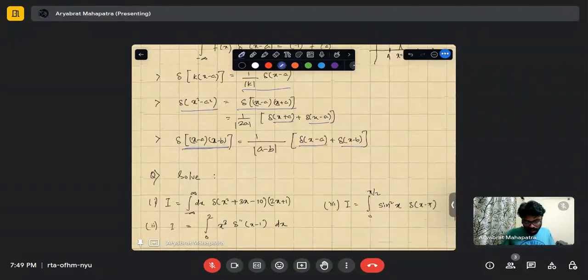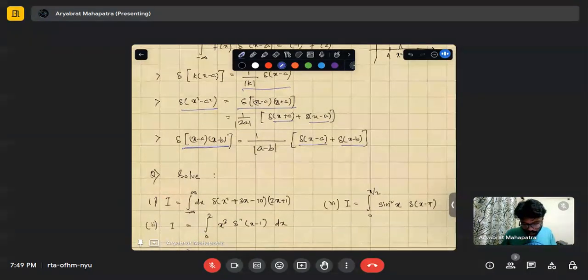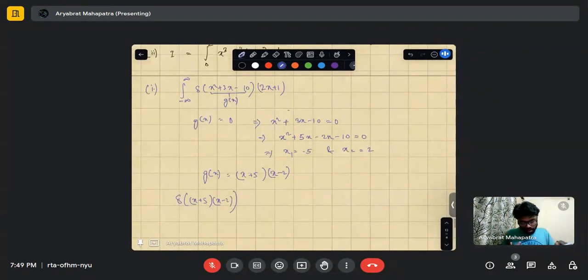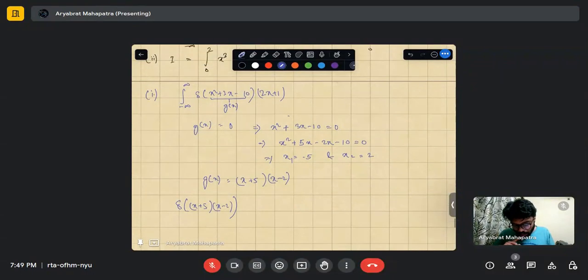So first you have to get this kind of form, using the roots, a factorized form, when the argument of the delta function is of this kind. So the first target is to get the factorized form, which is x plus 5 multiplied with x minus 2.